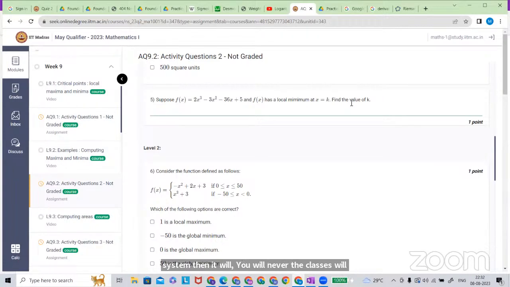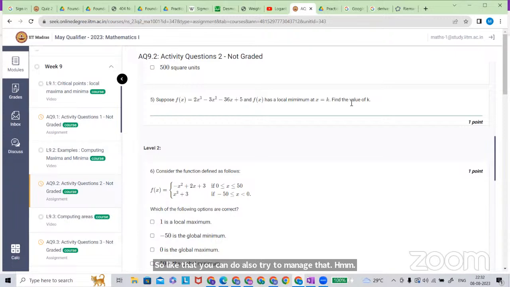TA sessions are more in number, which is why clashes happen, but instructor sessions will never clash. If you attend the TA maths 1 session today, next day you can attend the CT session. Try to manage it like that.